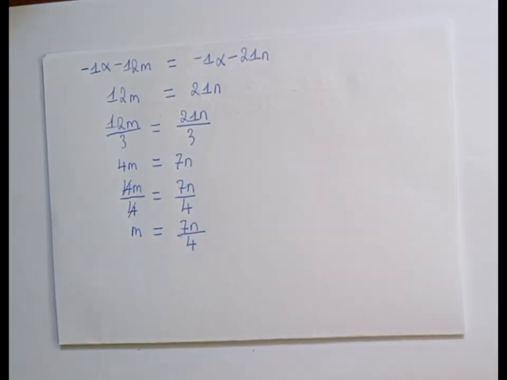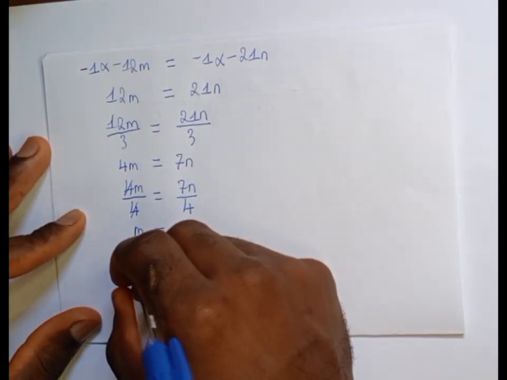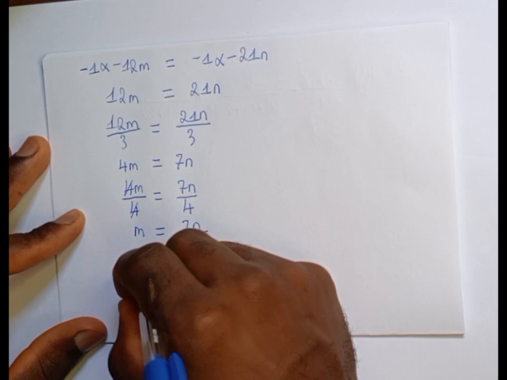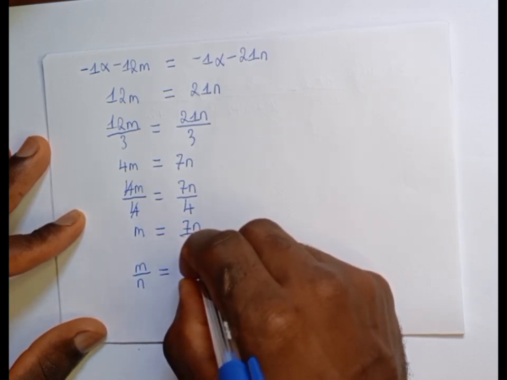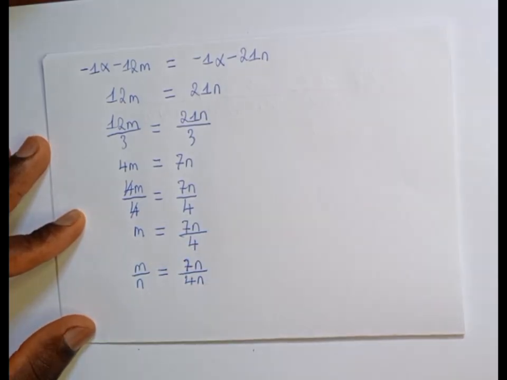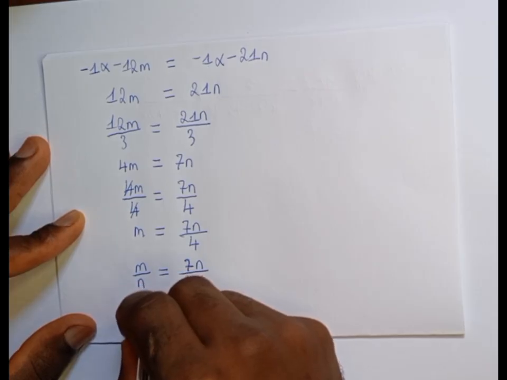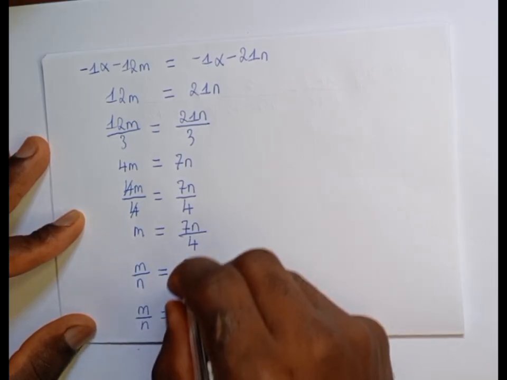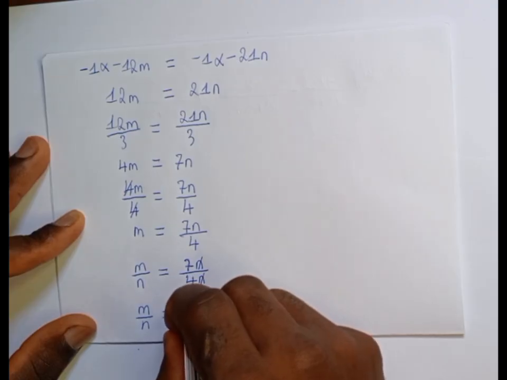Next step, we are going to divide all through by n. This will give us m over n to be equal to 7n all over 4n. We'll be left with m over n equal to, n will strike off n, we'll be left with 7 all over 4.